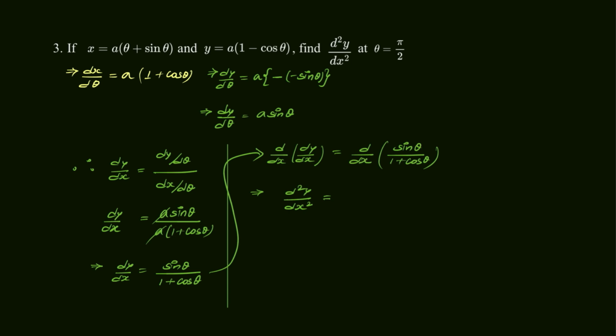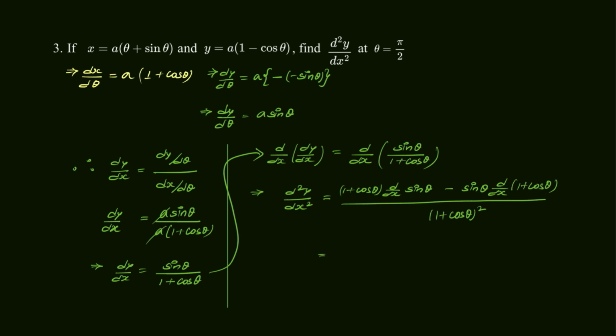Then using the quotient rule, I will have (1 + cos theta), first denominator, into d/dx of sin theta, minus, keeping the numerator and differentiating the denominator, that is sin theta into d/dx of (1 + cos theta), divided by denominator square, that is (1 + cos theta) whole square.